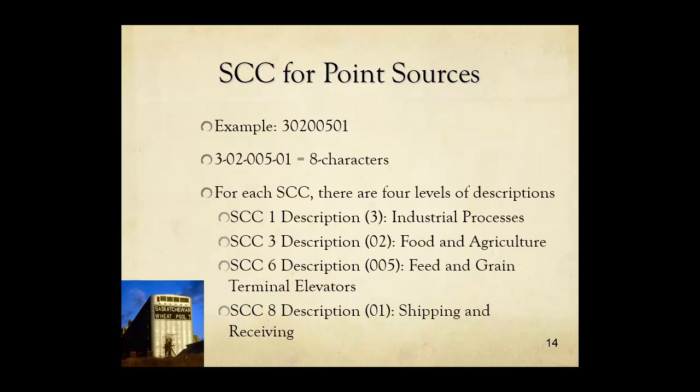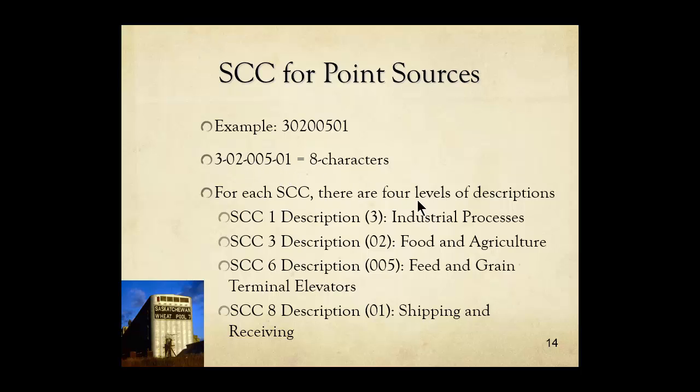So the codes are organized in a way that's pretty cool, because even without memorizing all of them, of course, nobody ever would, you can know from the first few characters what it is you're talking about, and you can sort. So for example, for point sources, you may have an SCC code like this, and the full 8 characters are this.